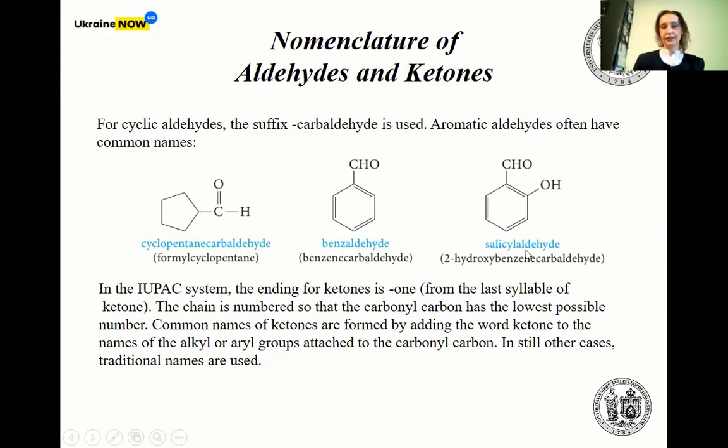This salicylaldehyde is a trivial name, and normally it can be named as 2-hydroxybenzene carbaldehyde. And for benzaldehyde, the same. IUPAC has, according to rules, a special name, benzene carbaldehyde, but still in use is benzaldehyde, and it can be used in the IUPAC system.